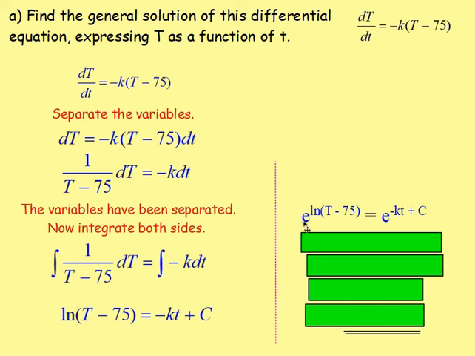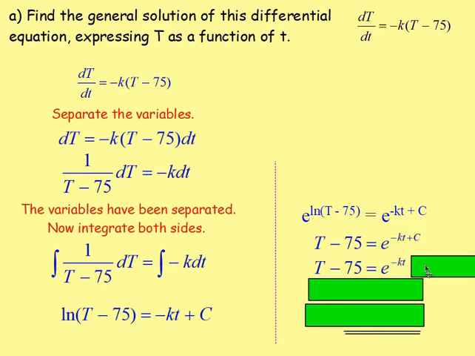From there, you know e to the ln will cancel out, so we'd be left with T minus 75 equals e to the power of negative kt plus c. And we also know that because we've got e to the power of something plus something, we can multiply them together. So we'd have e to the power of negative kt times e to the power of c. Just remember, don't leave e to the power of c as e to the power of c.